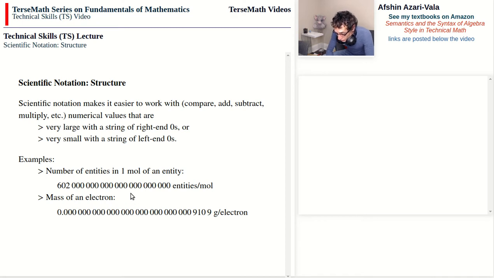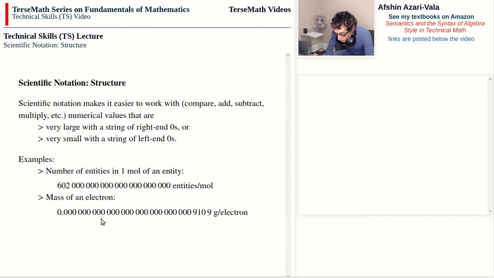Think about trying to find the mass of 1 mole of electrons. This is the mass of 1 electron, and there are this many electrons in 1 mole of electrons. Therefore, to find the mass of 1 mole of electrons, or the molar mass of electrons, if you like, we would have to multiply these two numbers. Now think of the algorithm that I told you about in an earlier video on multiplying decimals.